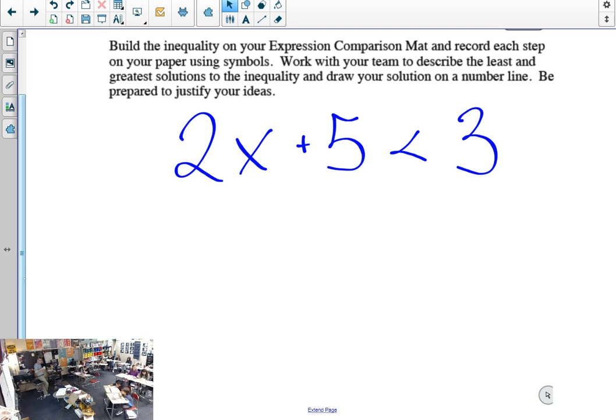Emma, what's the first thing you want to do? Agree. Why are you thinking do something with 5?